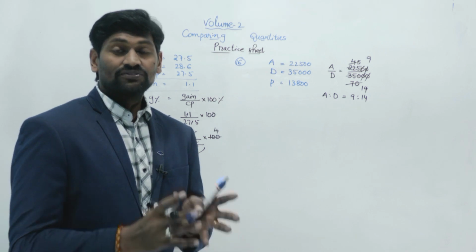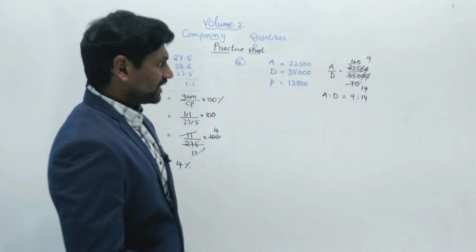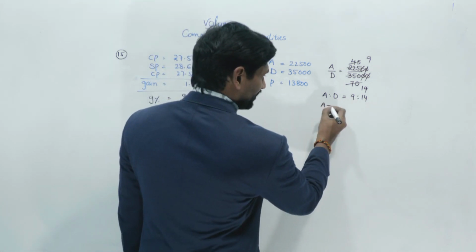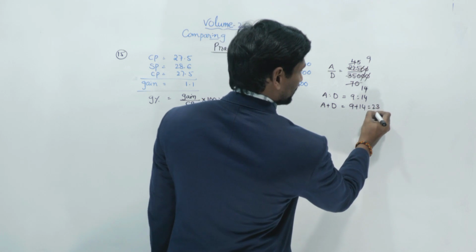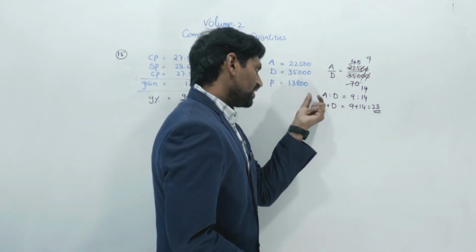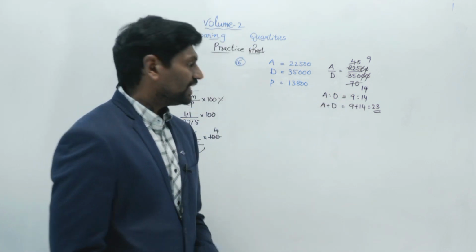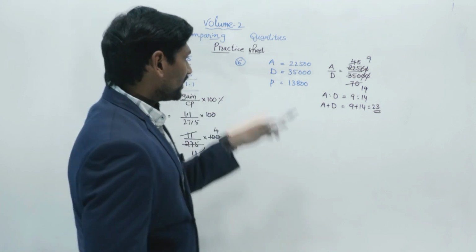Now let us find the total share. Total profit 13,800, but total share A plus D is how much? 9 plus 14 equals 23. Total number of parts are 23. Among 23 parts, A should take 9 parts as profit and D should take 14 parts as profit. Now what is asked here?